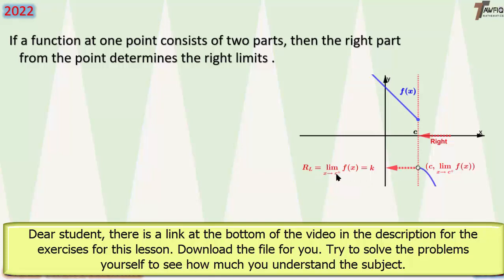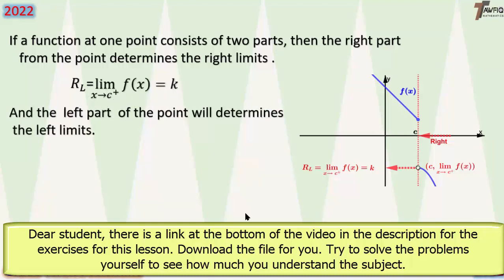Here, the right limit is equal to k. This point is c, and the limit when x approaches c from the right for f(x) means the right limit is equal to k.